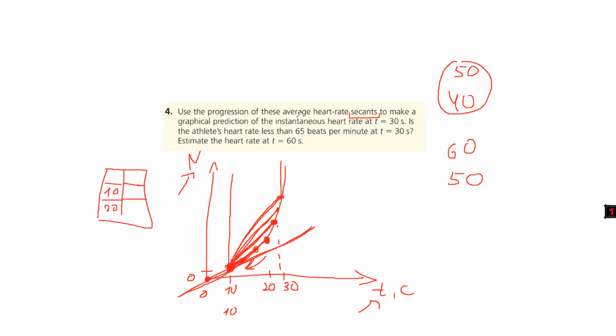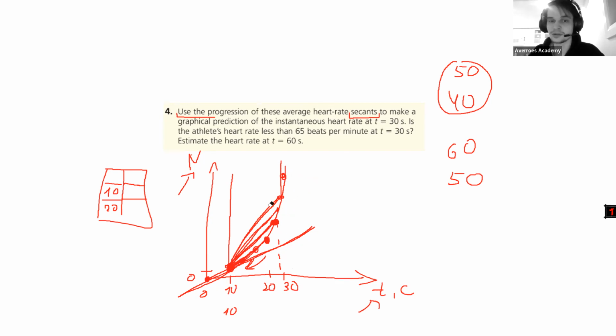So what this question asks: use the progression of this average heart rate secants to make a graphical prediction of the instantaneous heart rate at time 30. To make a prediction of the instantaneous heart rate at time 30, we would have to make multiple secants that have a reference point of 30 and link it with other points on our curve, like we did to the point that starts at 10.